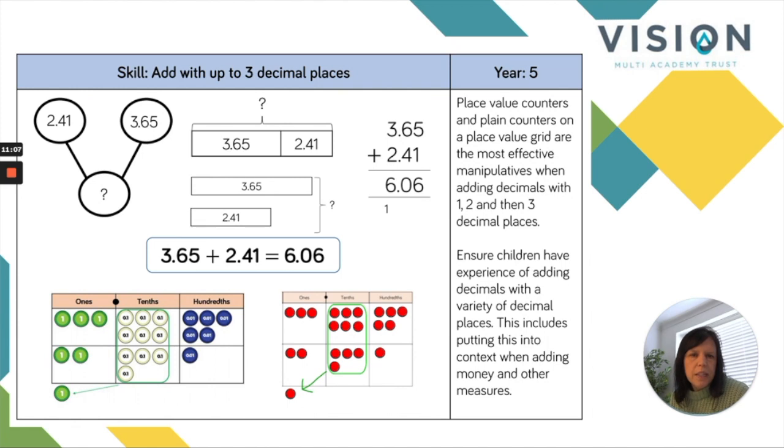To ensure children have experience of adding decimals with a variety of decimal places, this includes putting it into context when adding money and other measures. So putting it into real life problems, real life experiences for the children.